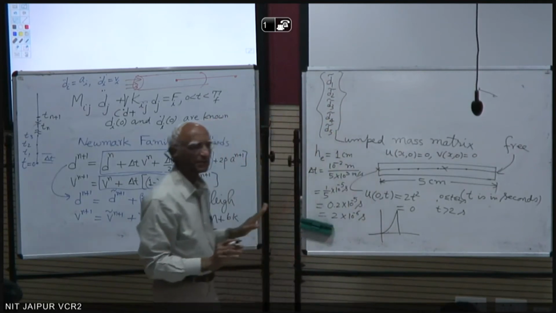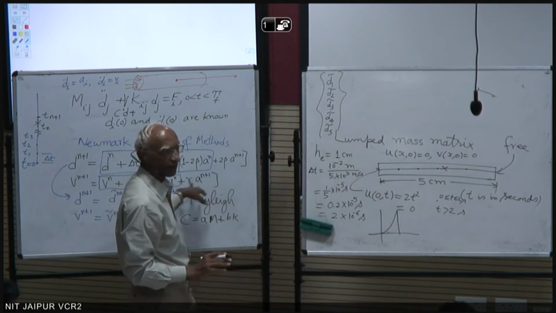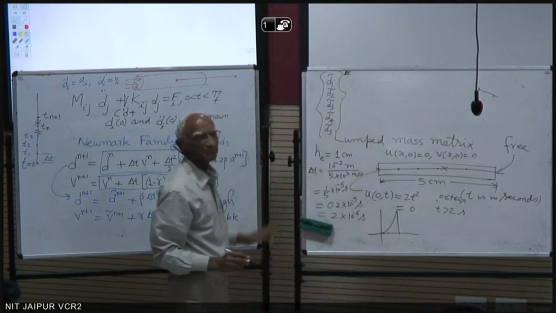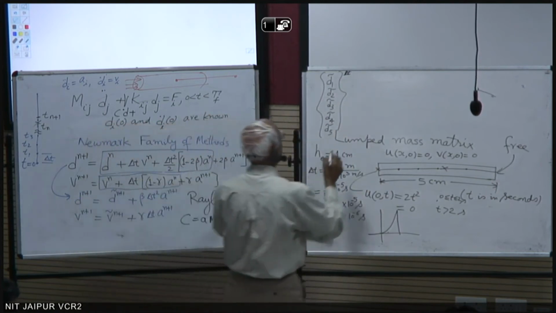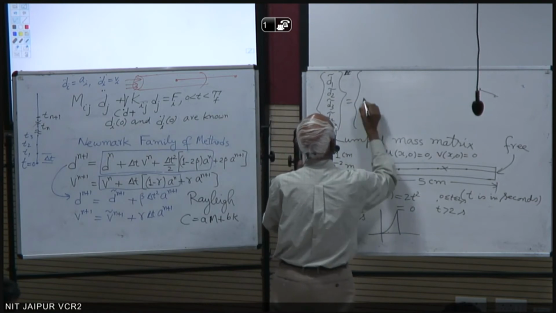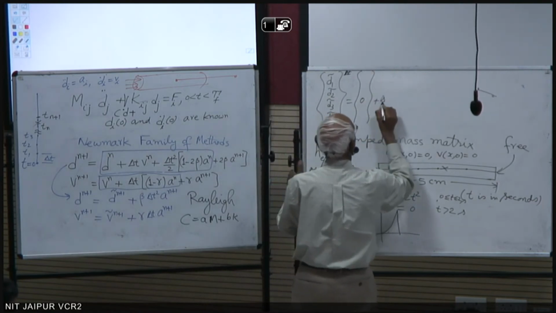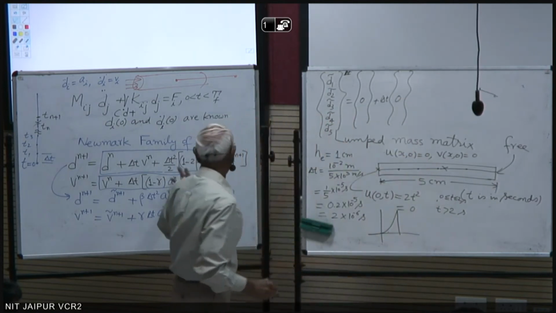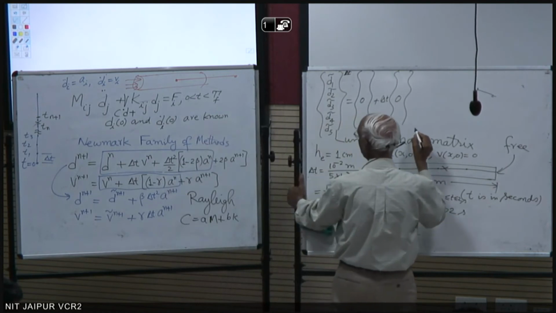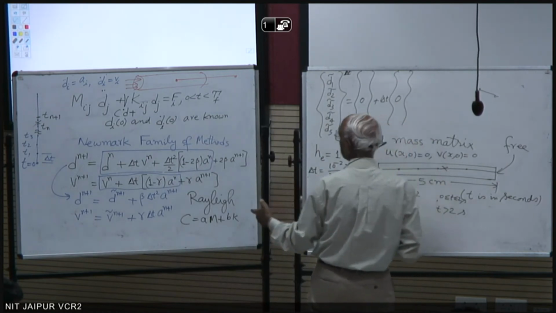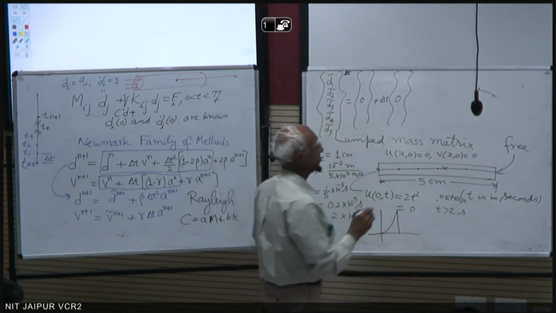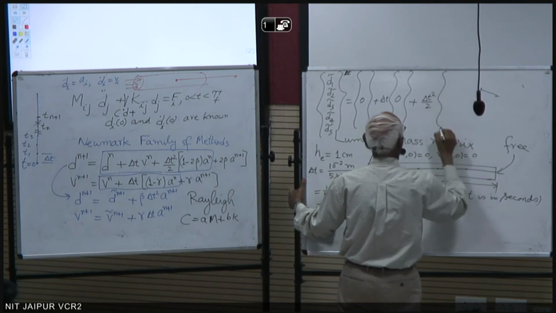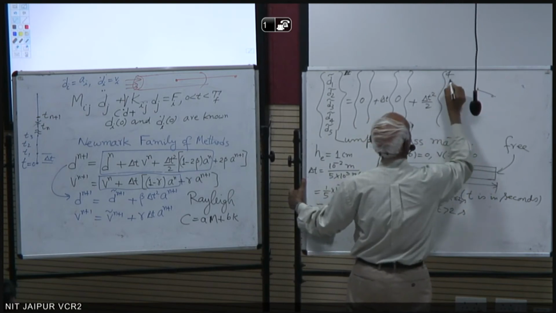That's the first time step you are finding, right? That's Dn plus 1. So that's at time delta t. That should equal Dn, which is 0, plus delta t Vn, which is 0, plus delta t square over 2, and beta is 0, so it should be delta t square over 2, and An, this is 4, remaining are zeros.